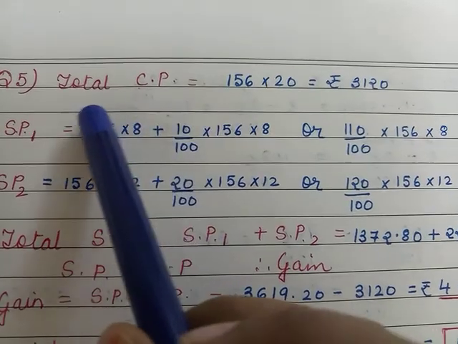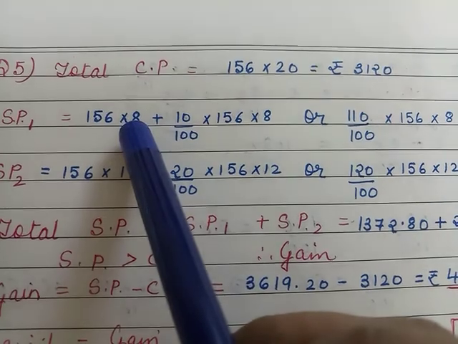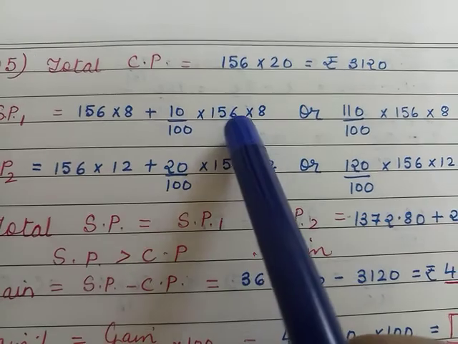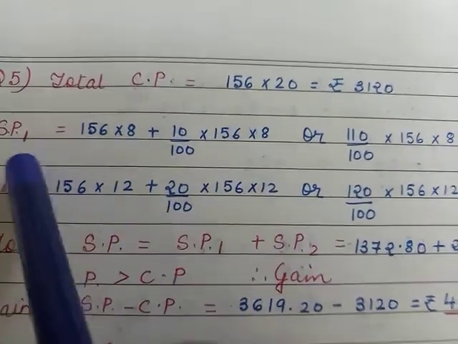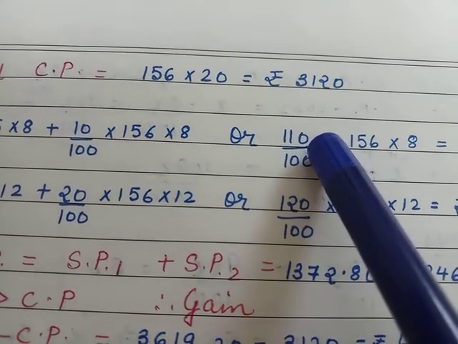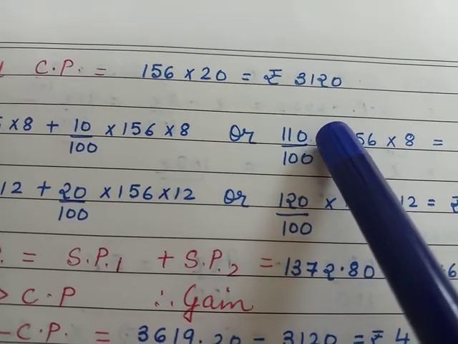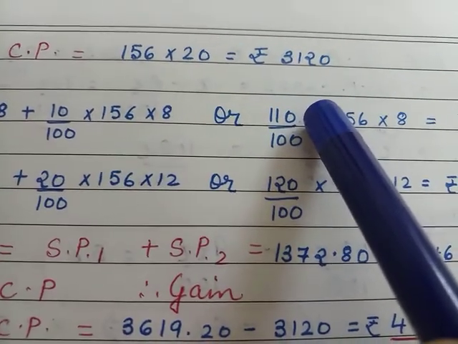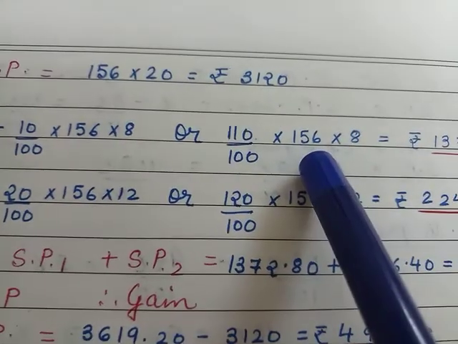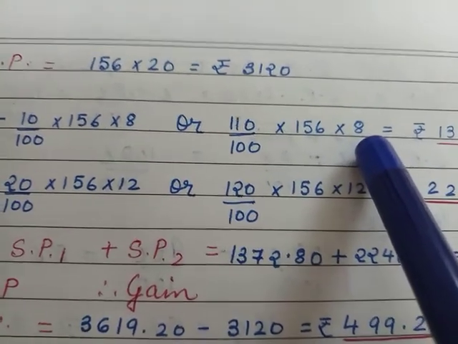So first you will find the selling price of 8 dozen, that is 156 into 8, plus 10% profit on that, plus 10 upon 100 into 156 into 8. Either you can do this way, or better, we have a profit of 10%, so let the cost price be X. It is a gain of 10%, so selling price is going to be 110 upon 100 of the total money paid for 8 dozen, which is 156 into 8.